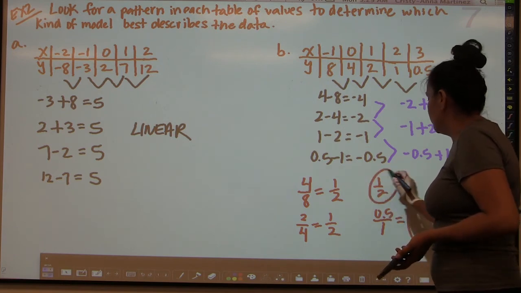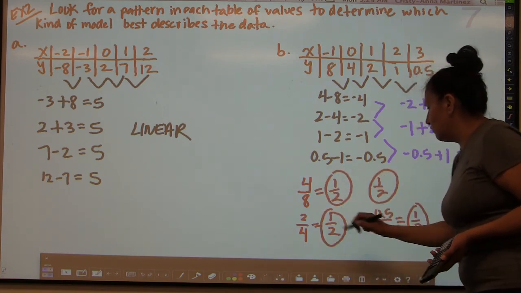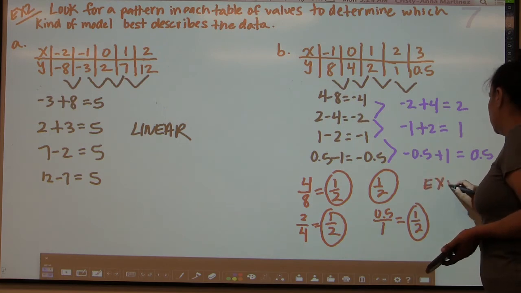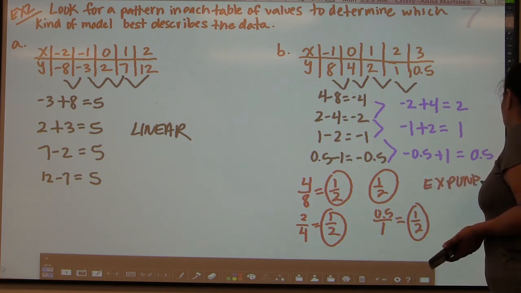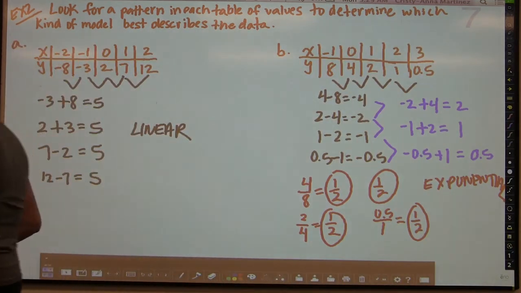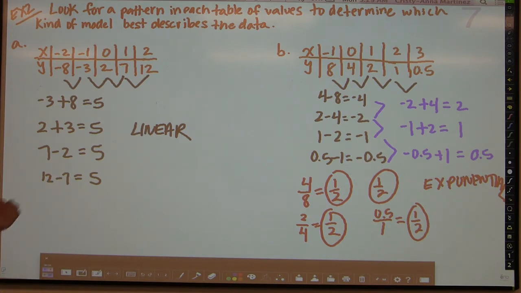So now you have that the ratios of successive y values are all the same. So in this case, it's exponential, because they all had the same ratio and it wasn't 1.